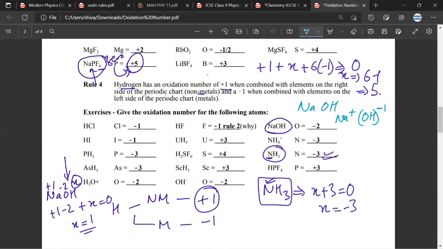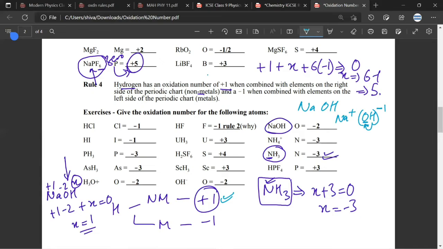Is it making sense? Yes, sir. So hydrogen in this case is combined with a non-metal, that is why this acceptable value of +1 is being taken. Is it making sense or not? Yes, that's making sense. So that is why you can take it either way.